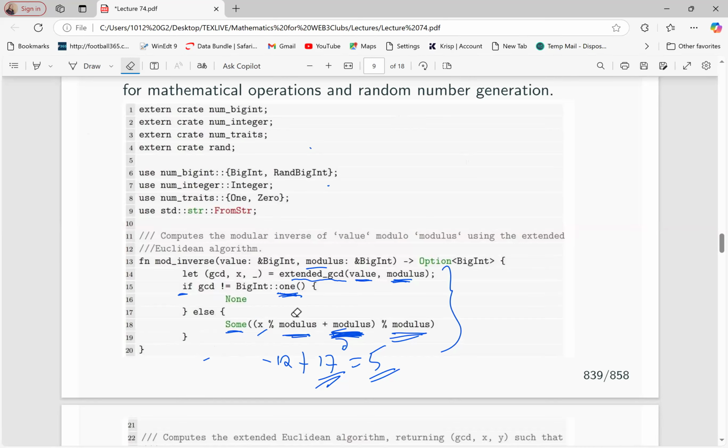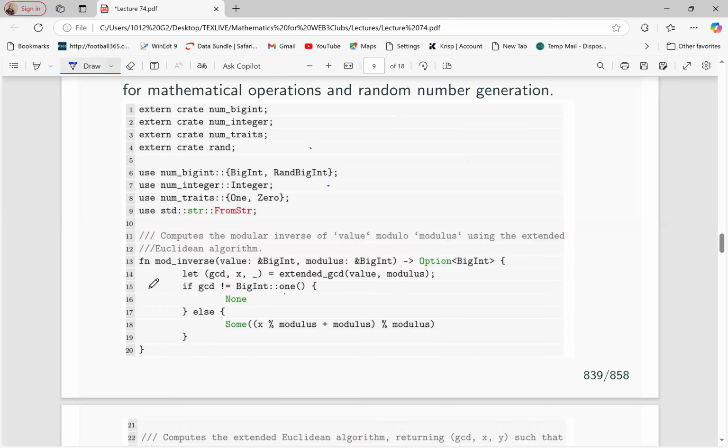And when are we finding the inverse? We are finding it in cases where we had a fraction. Where you have a fraction, for that denominator, you have to get the inverse of that denominator. So this is the part of the code that is doing that.